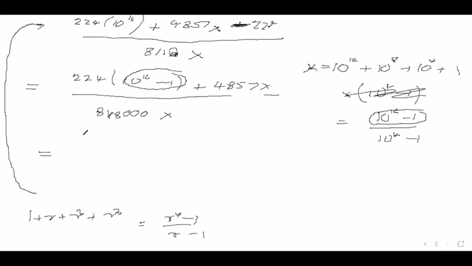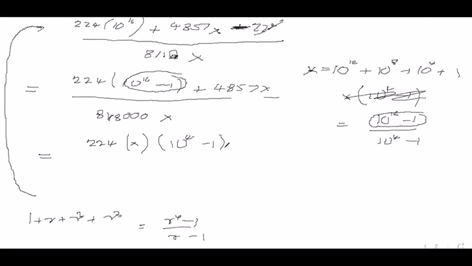But just to tell you, we have 2 to the power of 24 times this, and we just saw that this is x multiplied by 10 to the power of 4 minus 1, and then that 24 got absorbed into that, and at the bottom you've got what we had there, but there's an x here as well, and these x's will cancel off, and eventually you have 224 times 10 to the power of 4 minus 1.